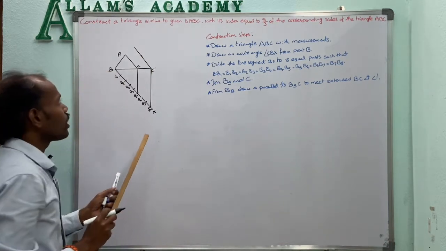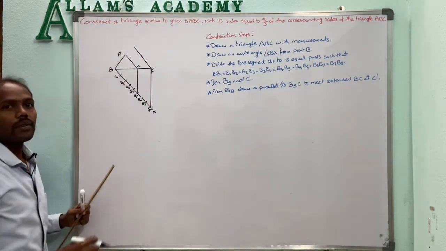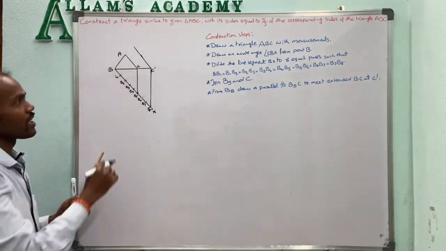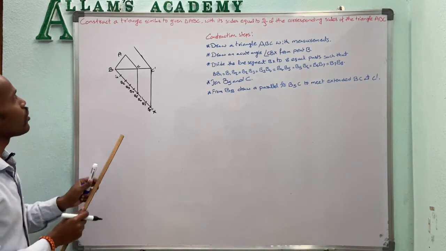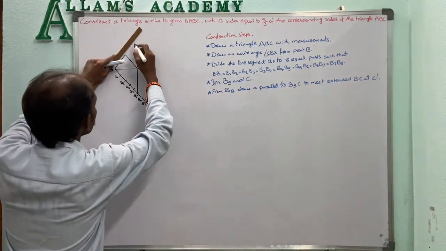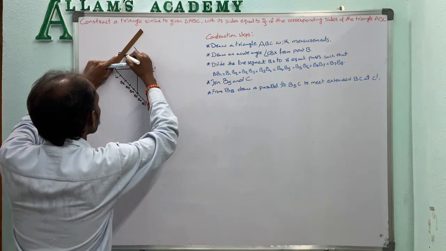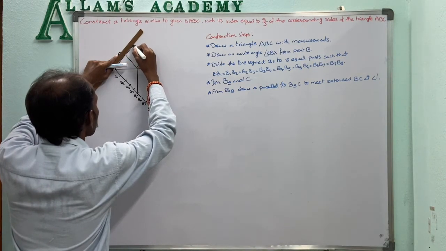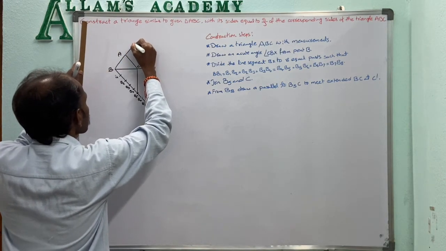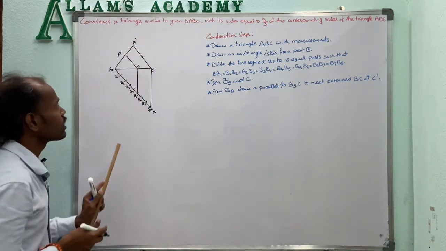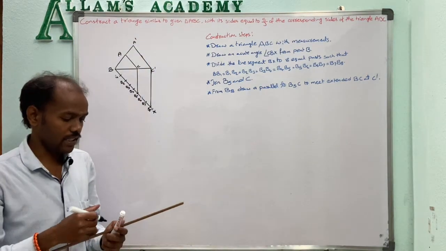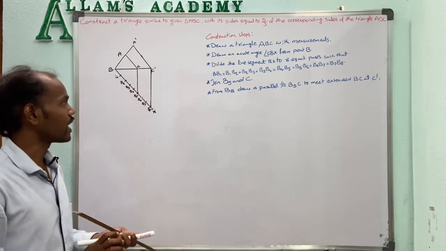That will come, but it is not touching any side. So now extending this BA up to where it will be touched, that point we will take as A dash.